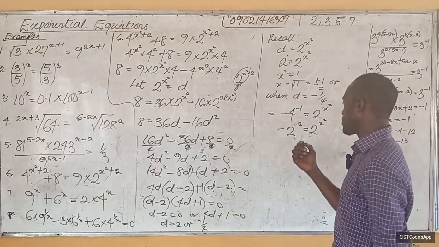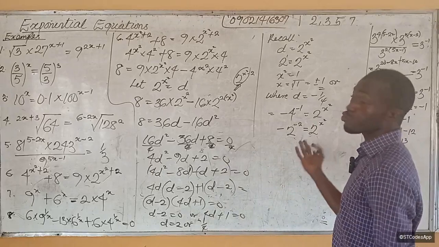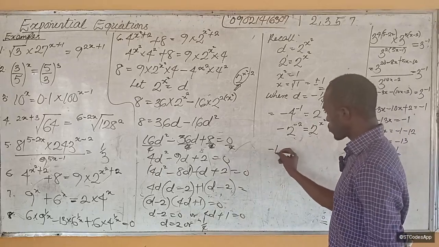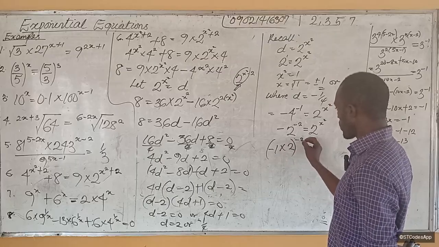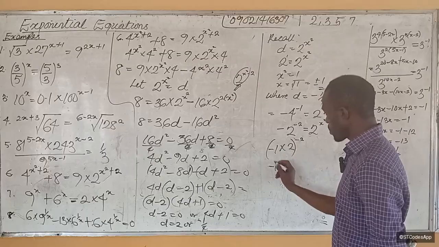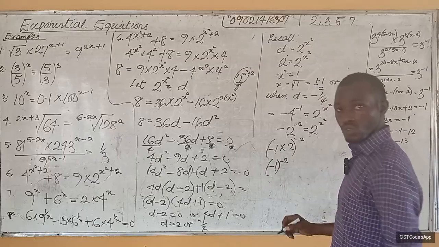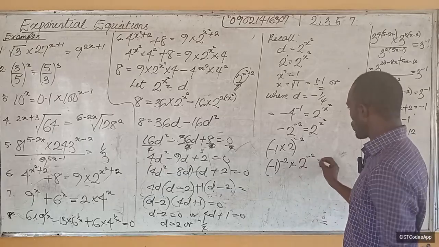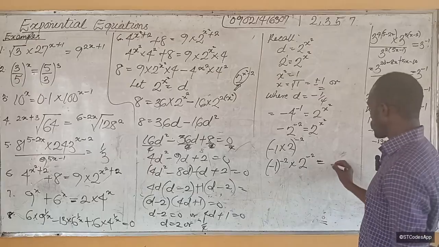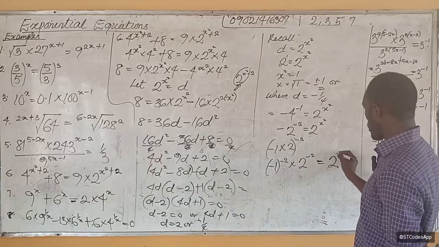How do I know that they are not the same? One thing you can do here is to say minus 1 times 2, both raised to power minus 2, so that you now say minus 1 raised to power minus 2 times 2 raised to power minus 2 is equal to 2 raised to power x squared.